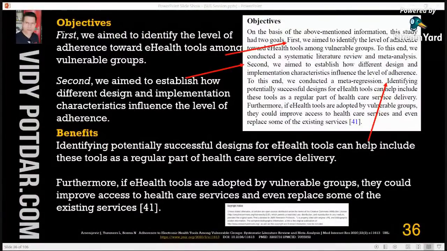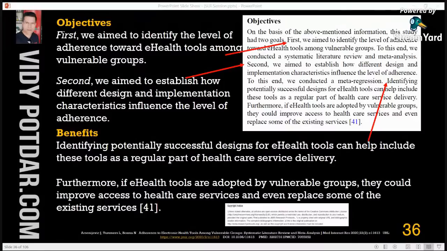So here you can see I have taken an example from a research paper where they have clearly mentioned their objectives. We aim to identify the level of adherence towards e-health among vulnerable groups.